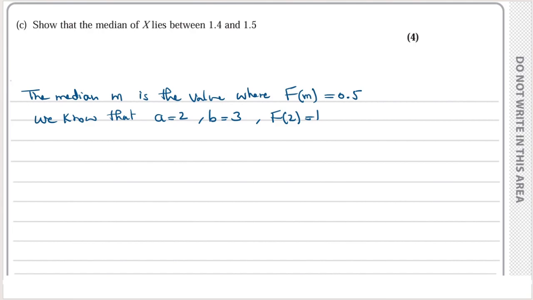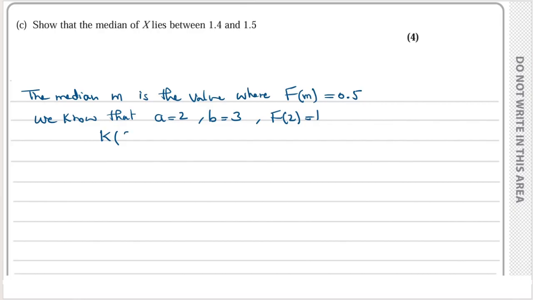So the expression for the CDF is k brackets, and we substitute these values of a and b into the formula along with the value of 2 for x.